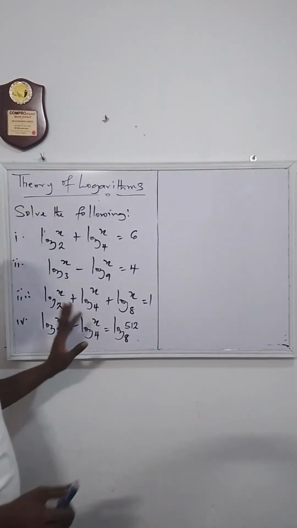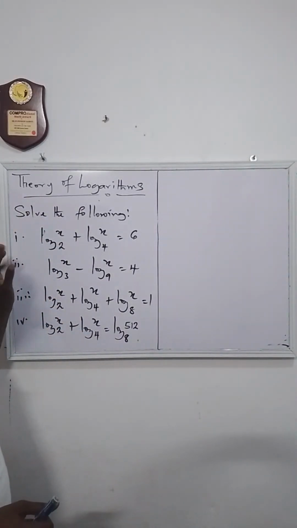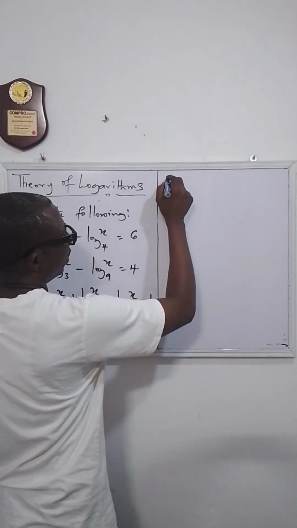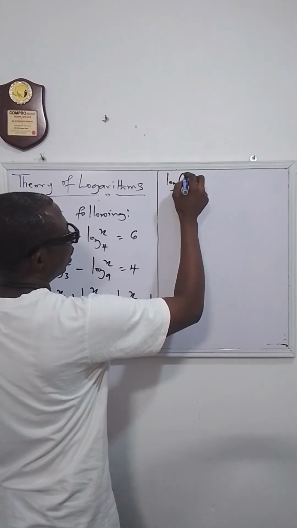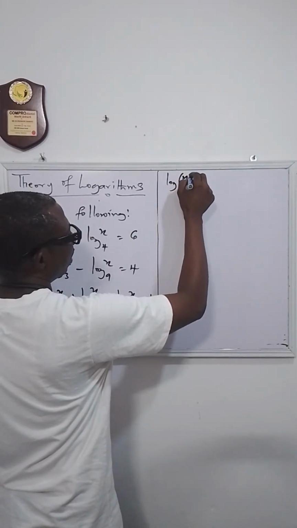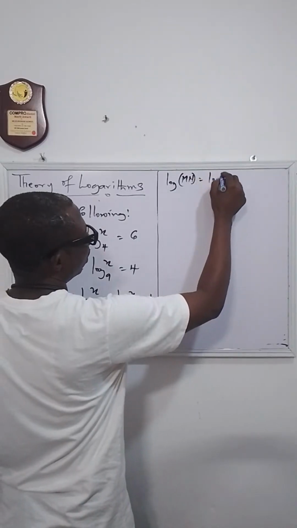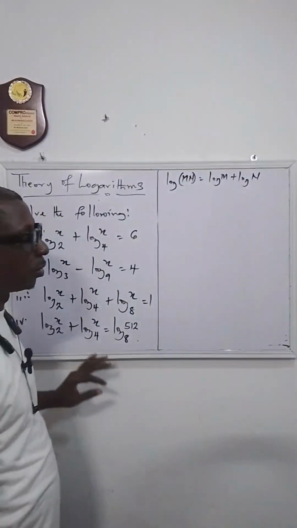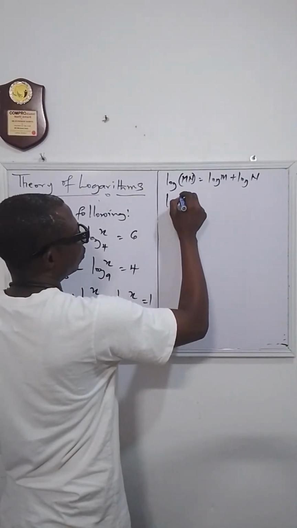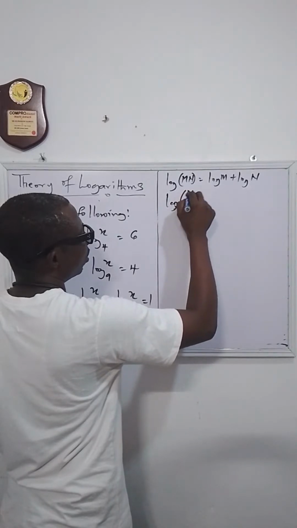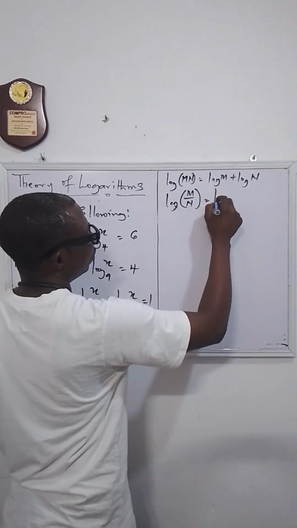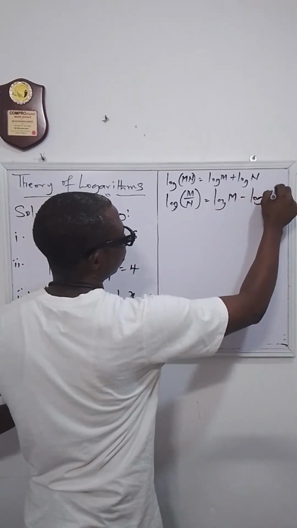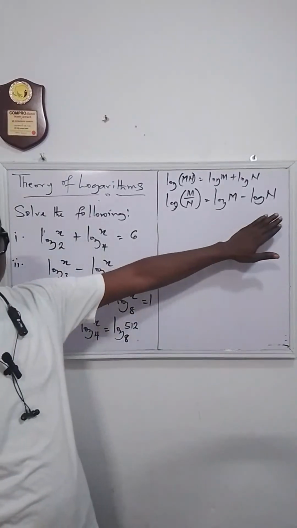Now, majorly we are going to be looking at two laws. So the first one, I'll just quickly remind us, when you have log of m times n, it is going to give you log of m plus log of n. Now if it is log of m over n, that gives you log of m minus log of n. When dividing, you subtract.